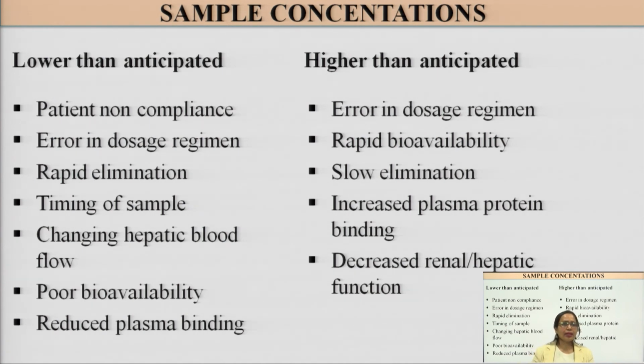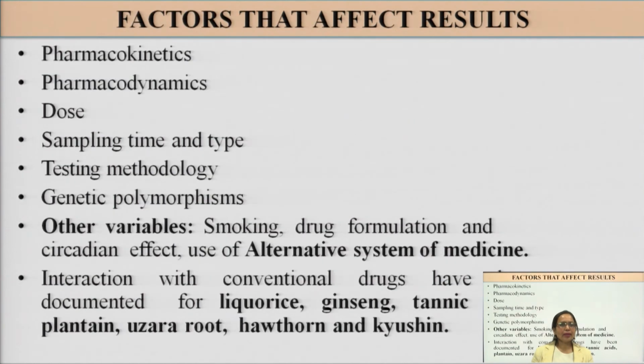Higher than anticipated include error in dosage regimen, rapid bioavailability, and slow elimination. If elimination is very slow, then obviously we will get a sample concentration higher than anticipated. Increased plasma protein binding and decreased renal and hepatic functions also cause this.